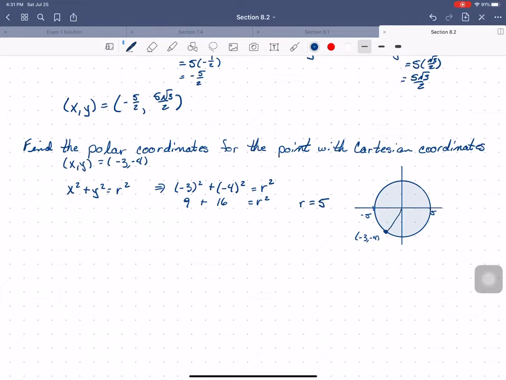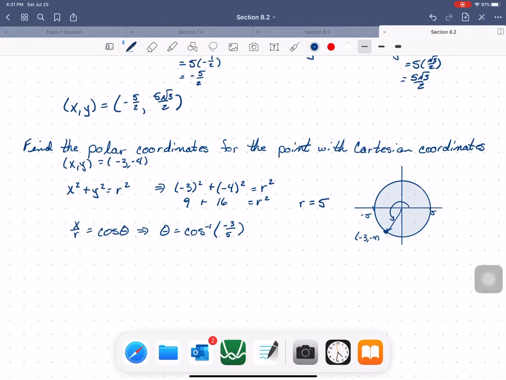So we're going to choose an angle of rotation that gets us to the third quadrant. And I say choose because we've got some choices to make here. So remember what we're doing. We know that x over r equals cosine theta, which means that theta is the inverse cosine of, in this case, -3/5.